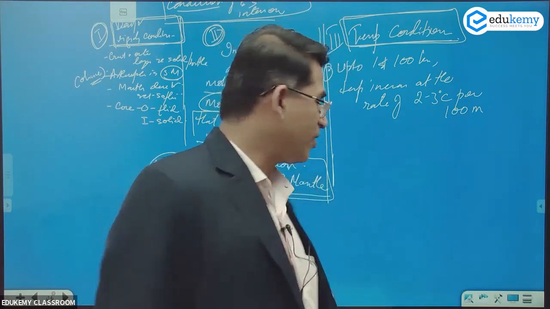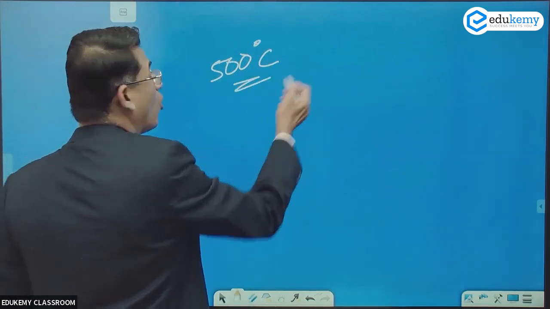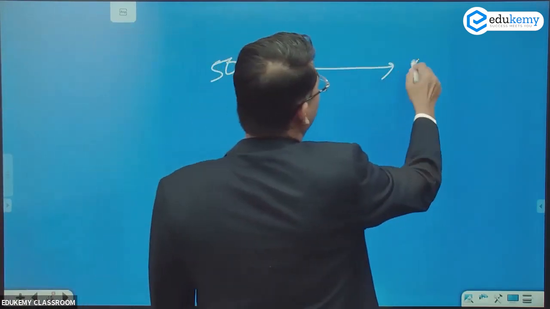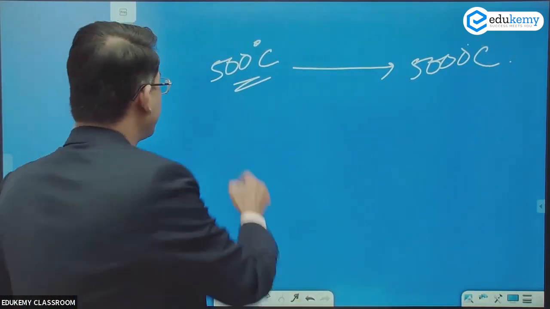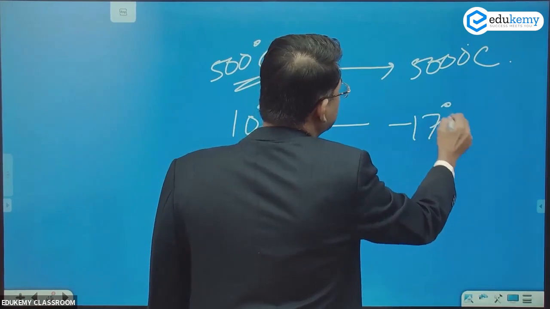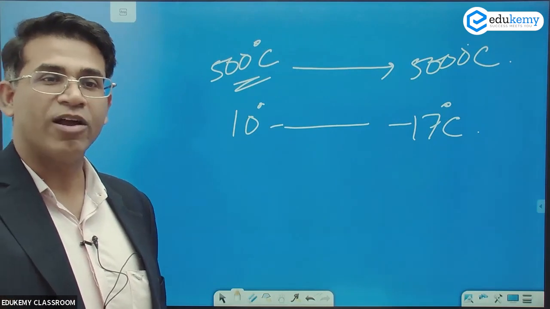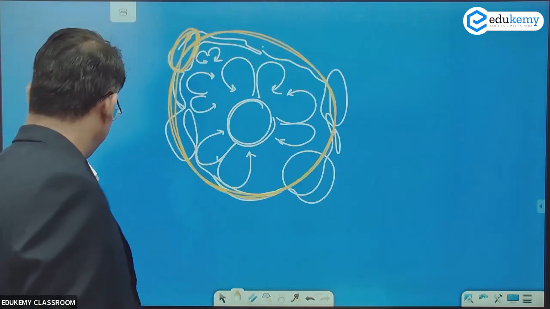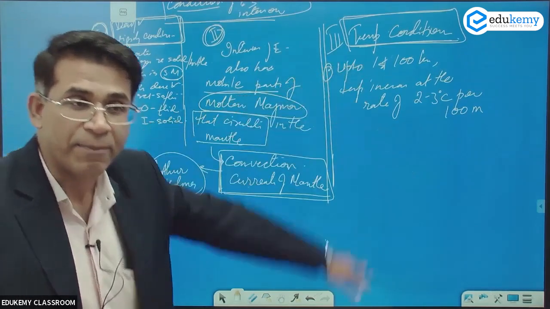If I ask you, is 500 degrees centigrade cold or hot? You will compare: it is cold compared to 5000 degrees centigrade. If it is 10 degrees centigrade, is it hot or cold? It's hot compared to minus 17 degrees centigrade. So why am I saying the lithosphere is cold? Because we are comparing with the conditions in the deeper parts.